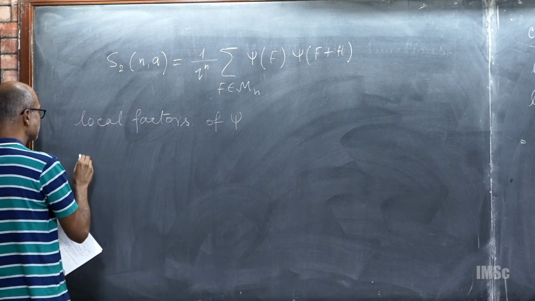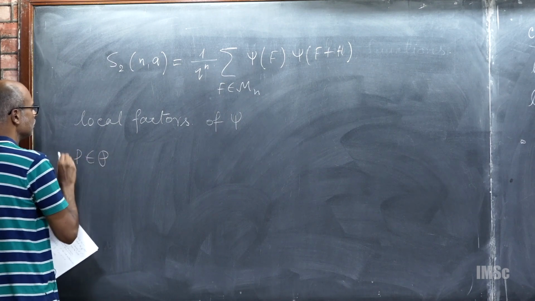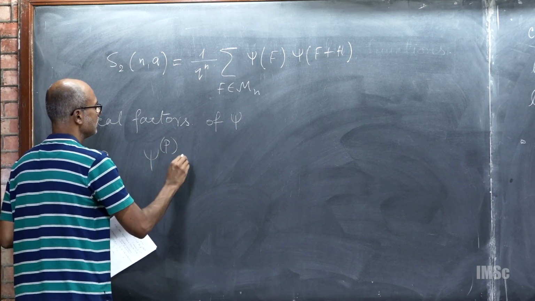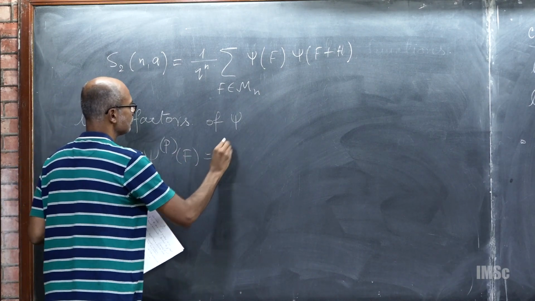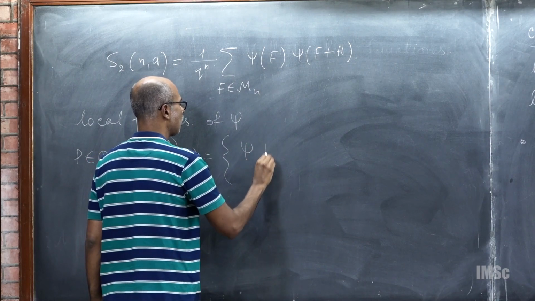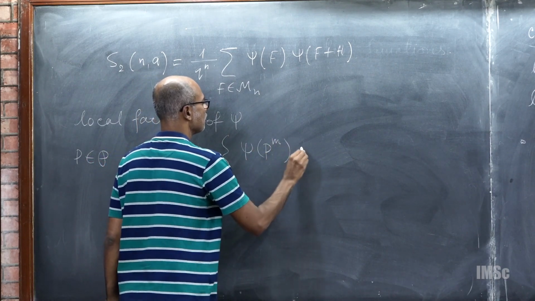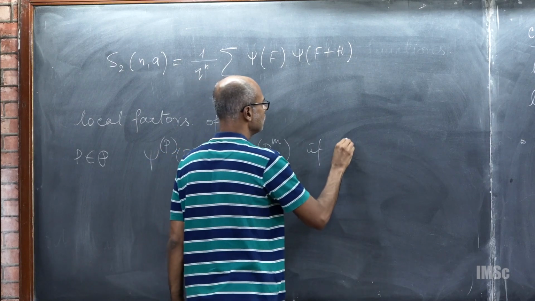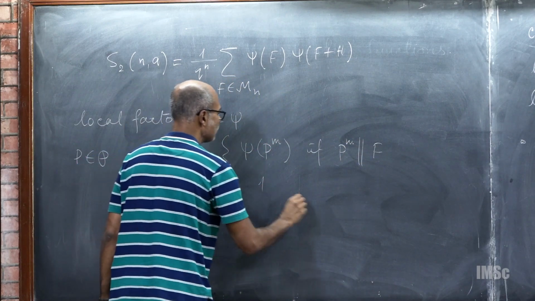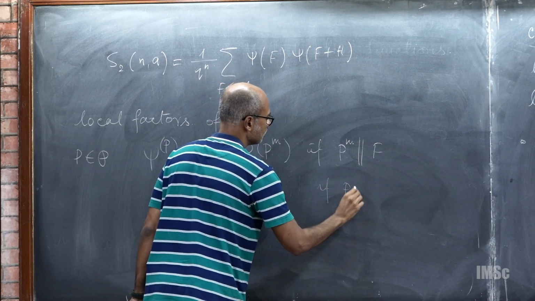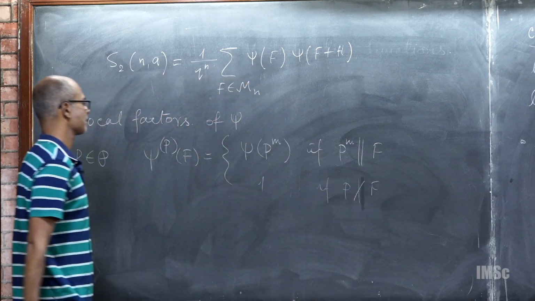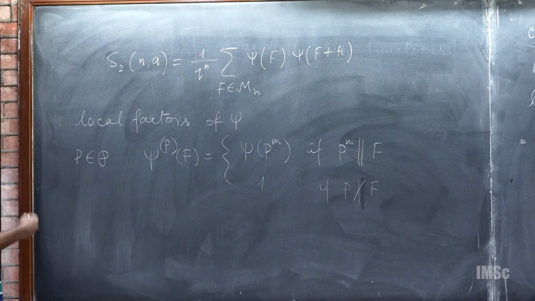They are defined in this way: for a prime, meaning an irreducible polynomial here, phi of p to the m if p to the m exactly divides f, and 1 if p does not divide f. So that is the local factor.